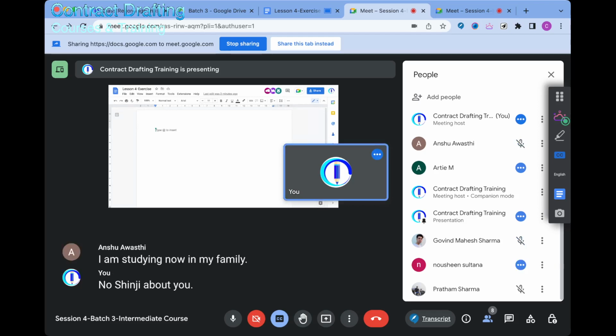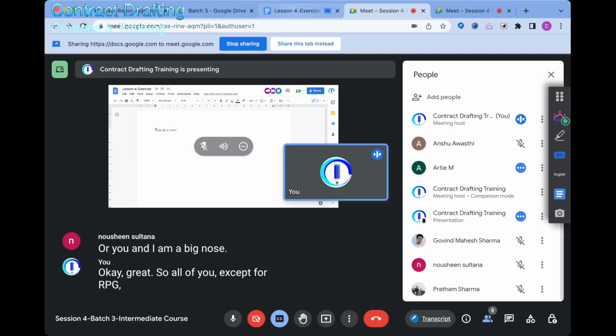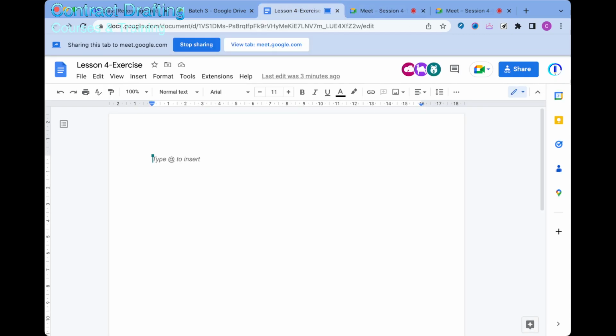Okay, great. So all of you, except for Aarti ji, please write your name anywhere in this document. And after that, draft a scope clause for a transaction which is about delivery of service. The service is provision of consultancy by the service provider to a client XYZ. And in this particular clause, you have to capture what that consultancy is all about.